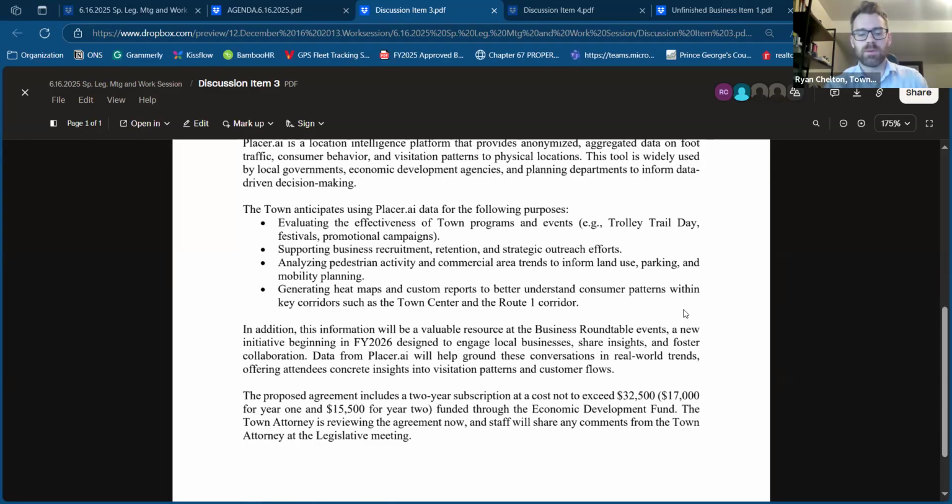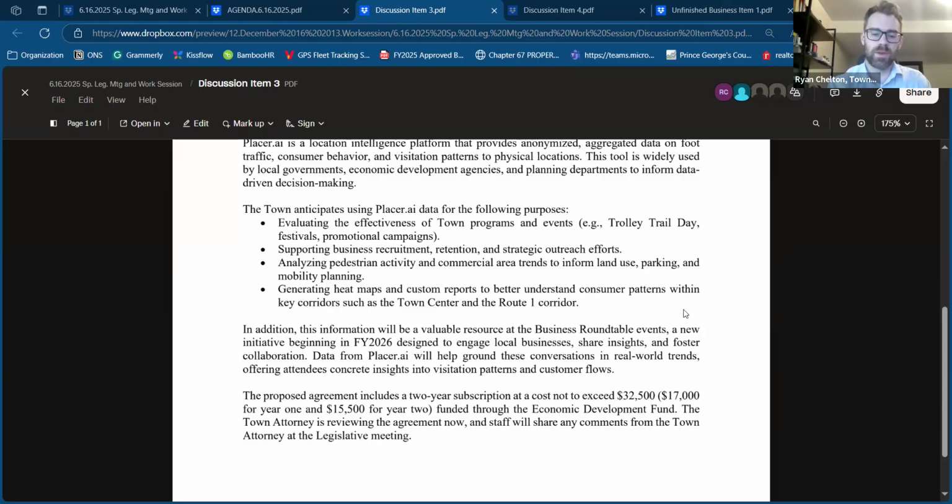So we can see that on a typical Saturday night in December, it would be a certain number of people attending the event or being in that area. And then on the night of the event, we'd be able to see an increase of 50%, 100%, 200%, whatever it is, and compare that to help us evaluate the effectiveness of the event.